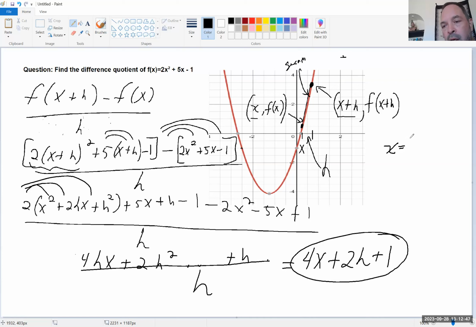And if you were given a problem where you were given a particular x, say 1, say it was this, and let's say your h was a half, or let's just say that's 3/2.